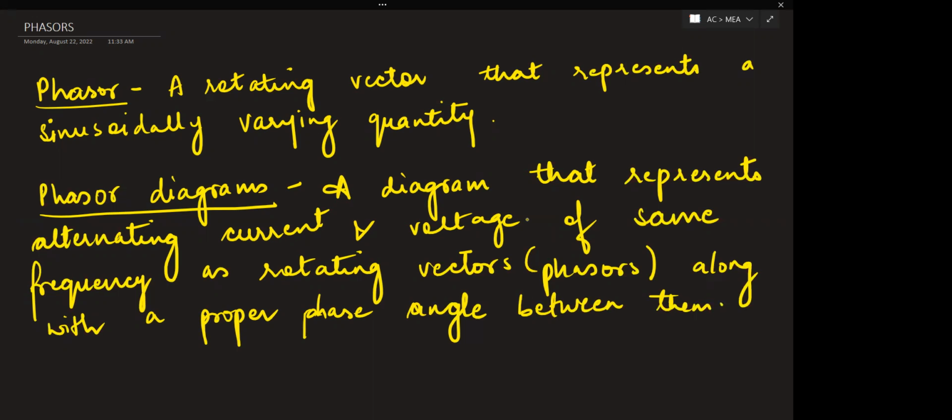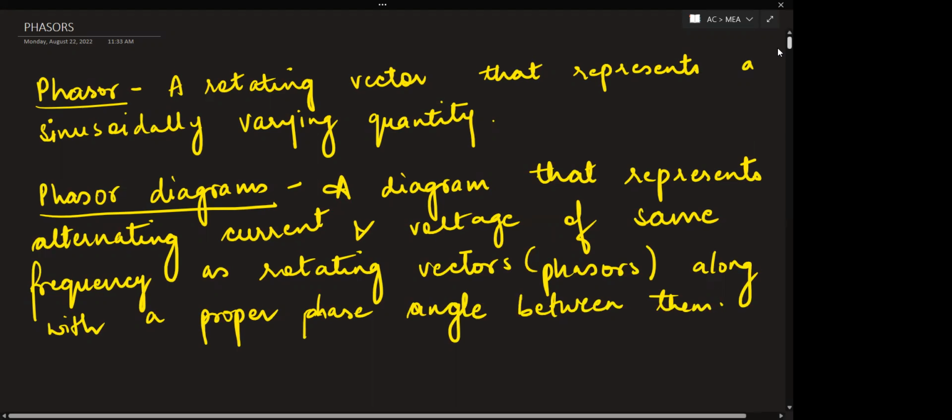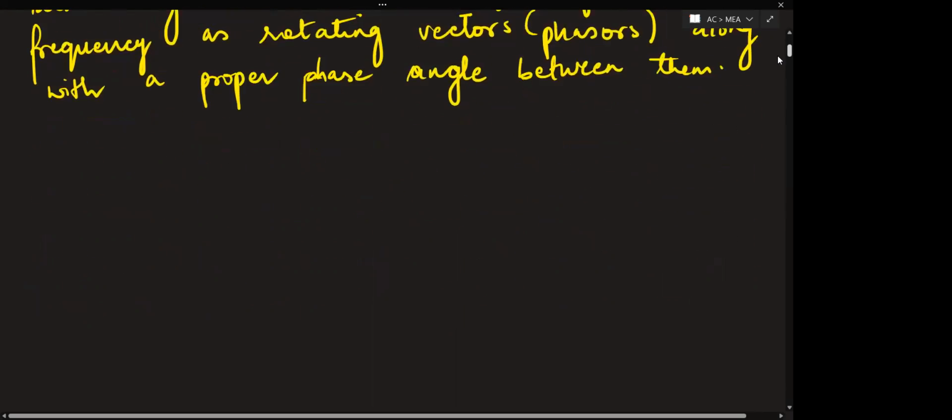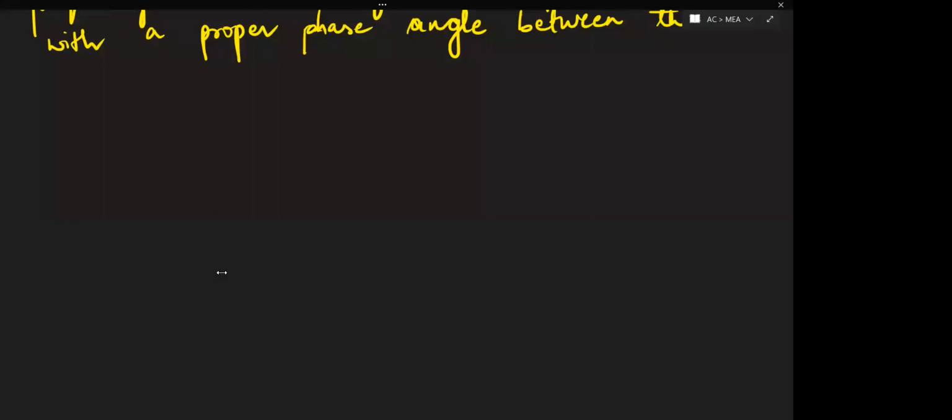This is known as phasor diagrams, and these are also known as Argand diagrams. But phasor diagrams are common to use. So just understand phasor diagram. Now, what is actually meant by this? This was all theoretical. See, I'll tell you.